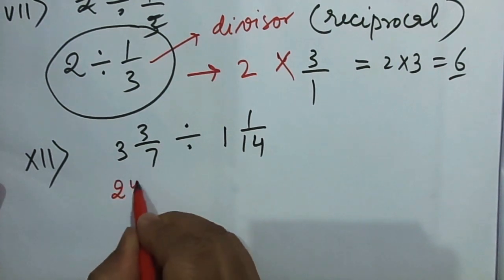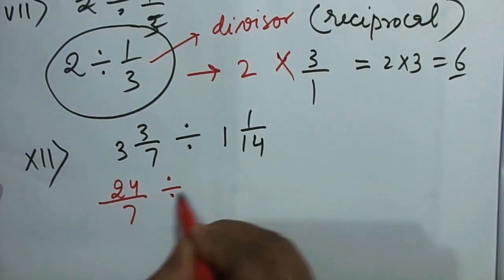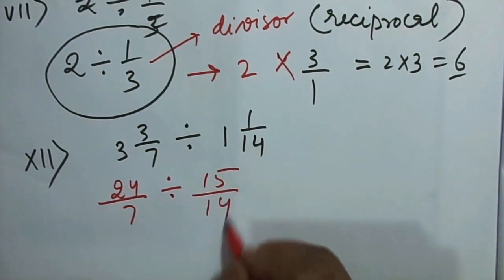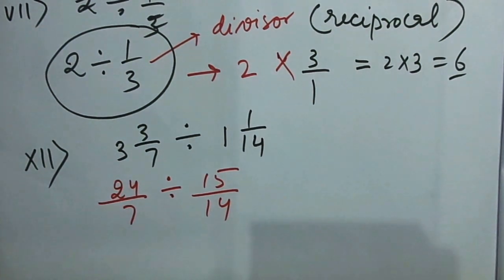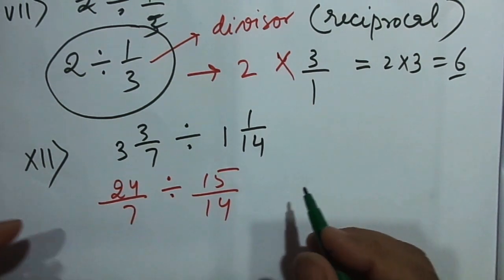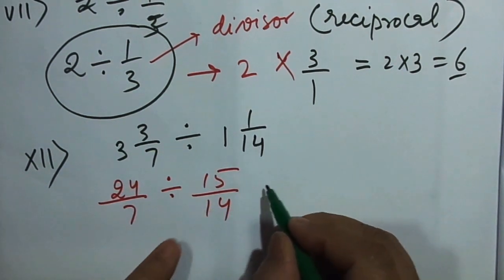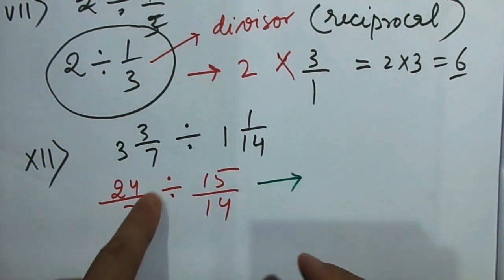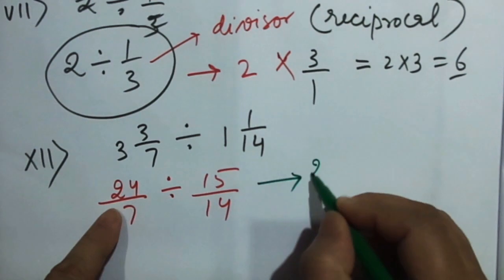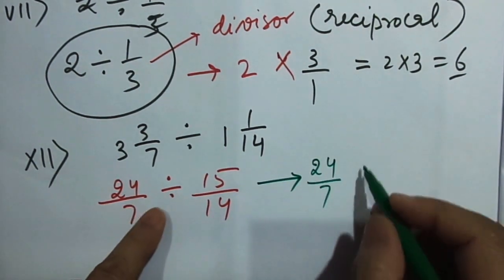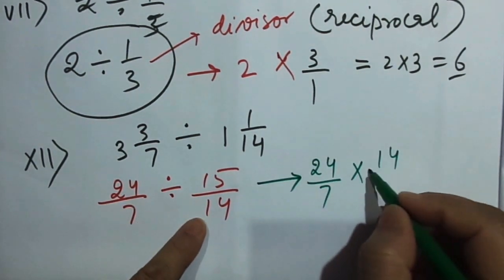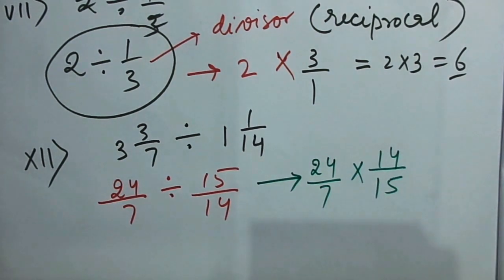So here we have 24 by 7 divided by 15 by 14, and now it's our turn to do cancellation. But before we do cancellation, I will have to convert this division into multiplication. Therefore it will be 24 by 7 multiplied by 14 by 15.